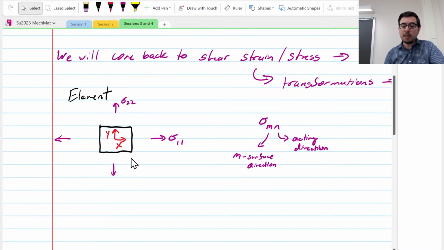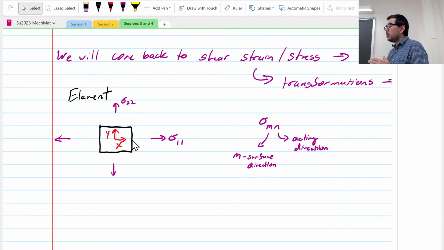So what does this mean? This right here is a one direction surface, an X surface. If you go back to your multivariable calculus, if you have this plane and you draw an orthogonal vector coming out of that surface, it's in that direction.